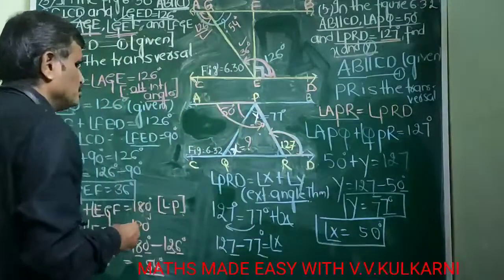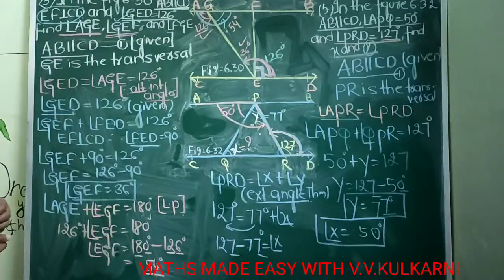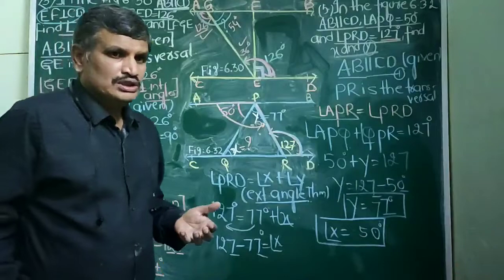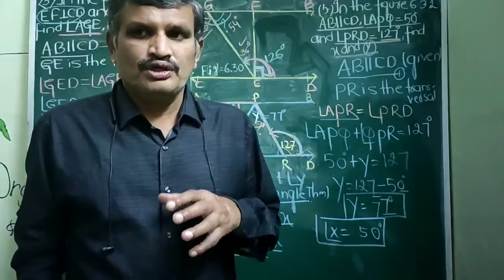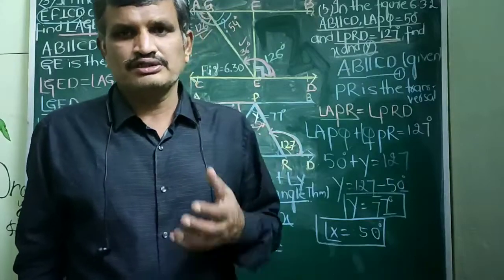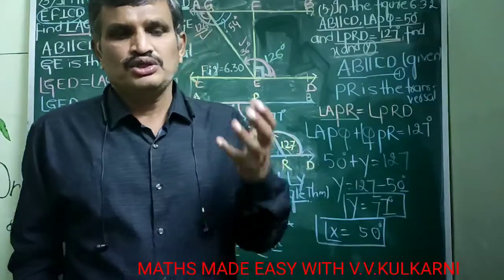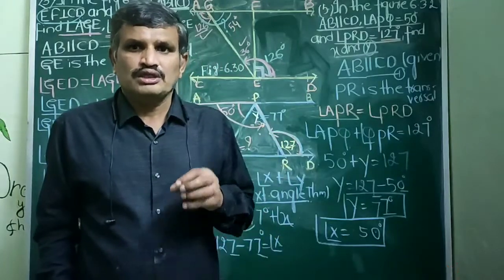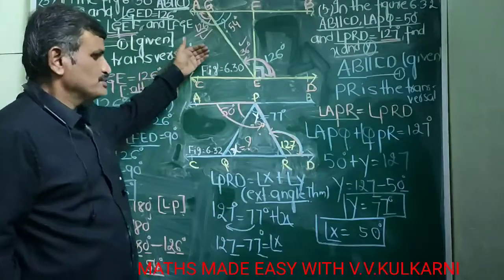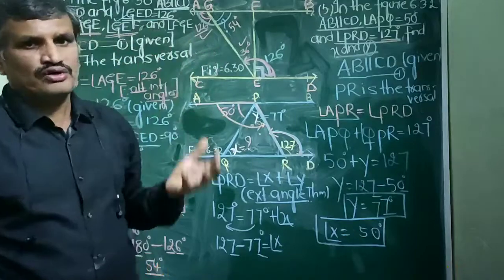This is the solution. So dear children, before I conclude, I would like to tell you that I have adopted only one method of solving the problem. If you know the properties of alternate angles, the properties of linear pair, and the angle sum property of a triangle, then you can solve both these problems by at least 3 to 4 different methods.